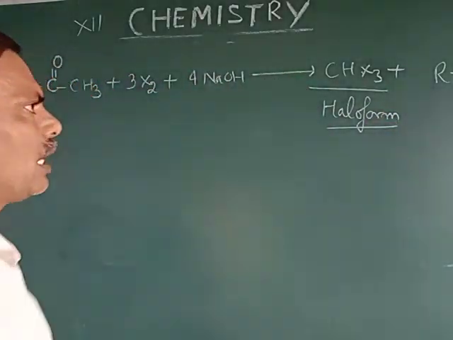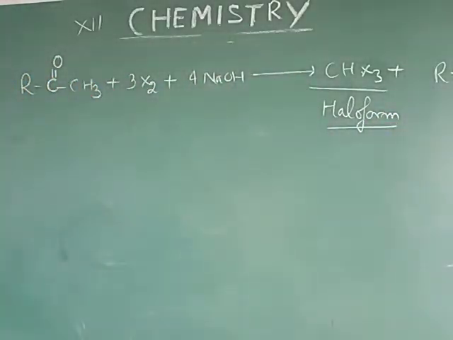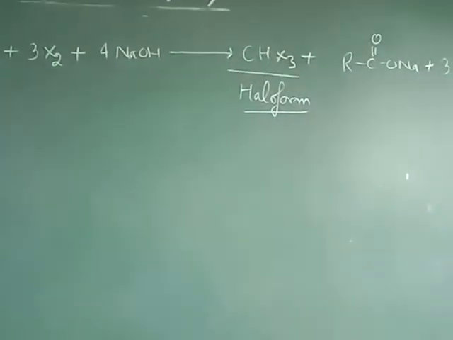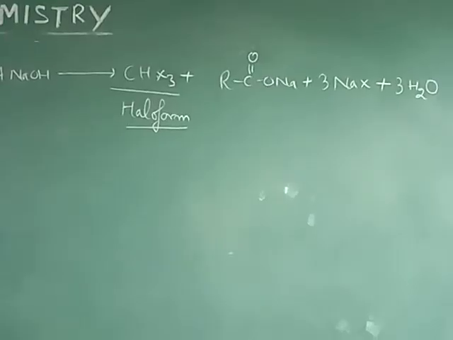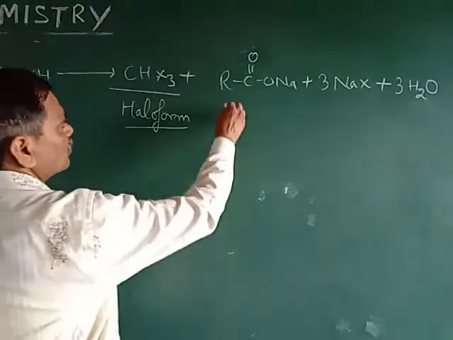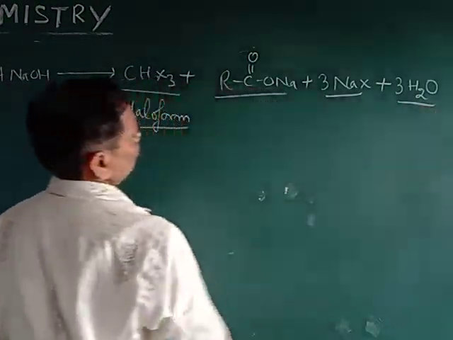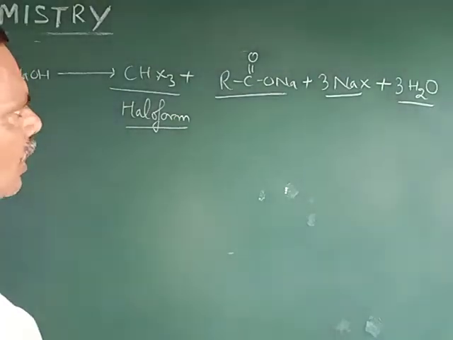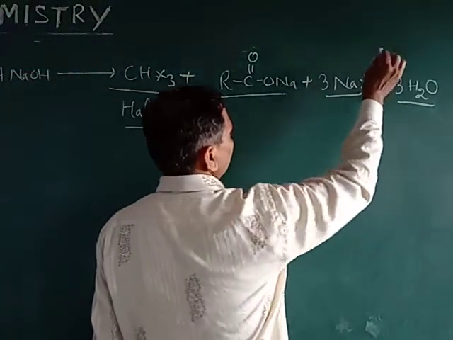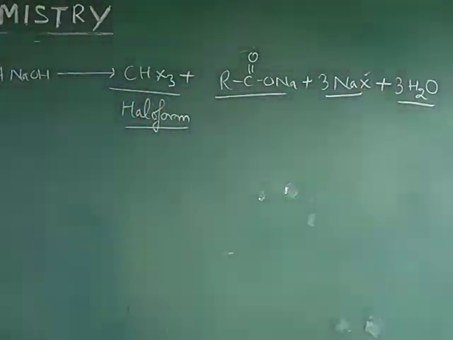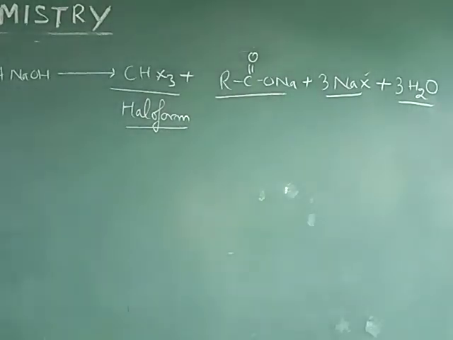Apart from the haloform, we get RCOONa, the sodium salt, sodium halide, and a water molecule. X depends on which halogen you have used. It may be chloroform, bromoform, or iodoform.